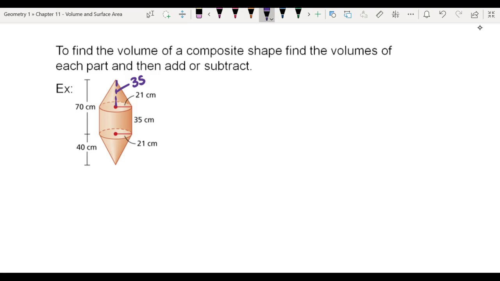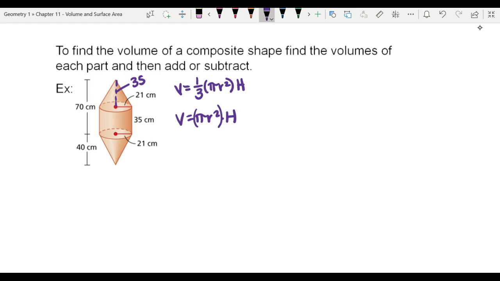We're going to have 3 volume functions that we need to find. Once we find them, we're going to add this all up to find our total volume. So for this, it's a cone, so it'd be 1/3 times the area of the bottom, which is pi r squared, it's a circle, times your height. The volume of your cylinder is just pi r squared times your height.